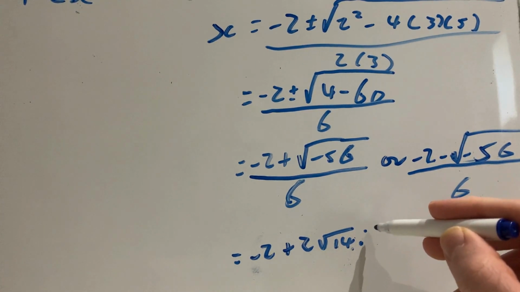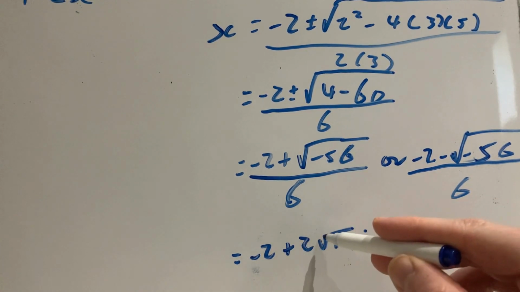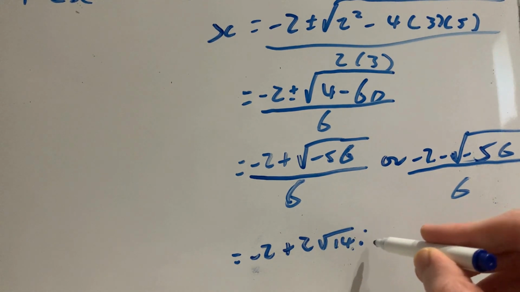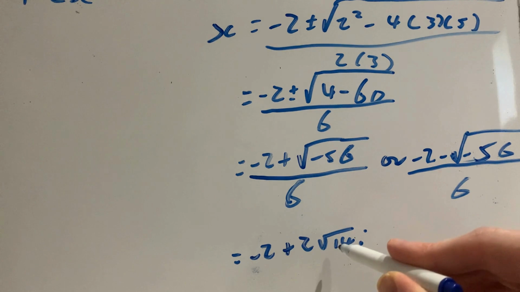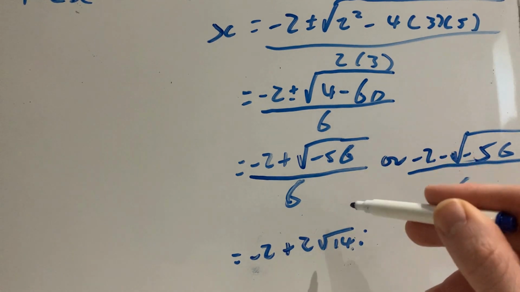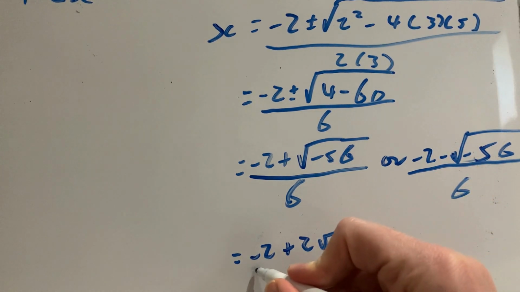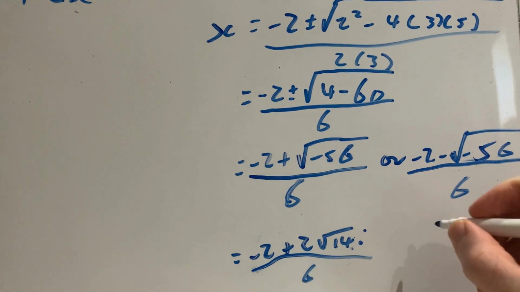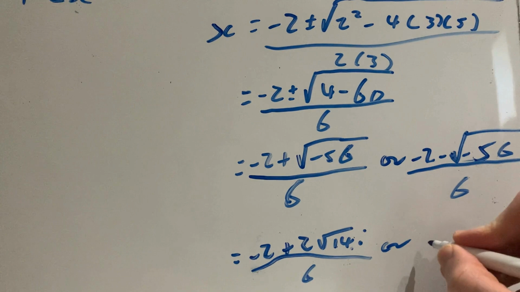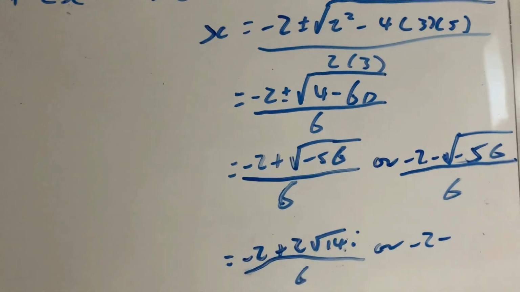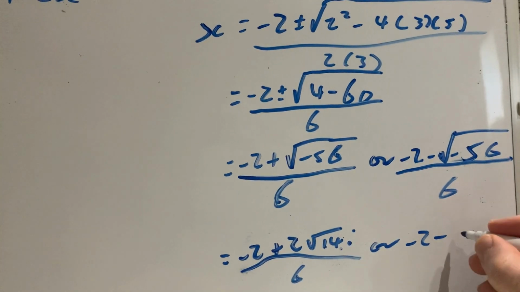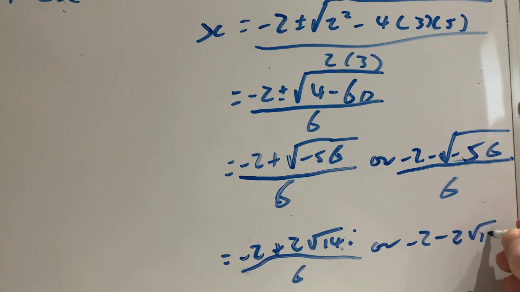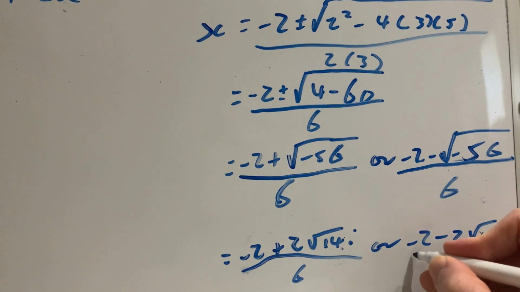So i is root minus 1. 2 is root 4. So we'd have minus 4 times 14, which is 56. So we got that right. All over 6. And then the same on the other side, but with a negative instead. So minus 2 minus 2 root 14 i over 6.